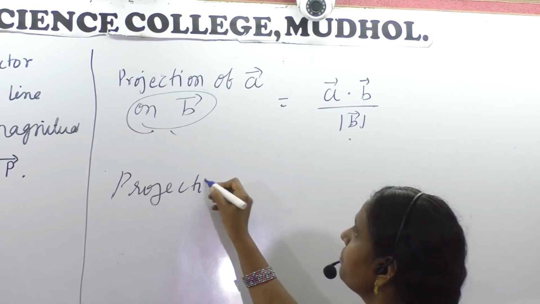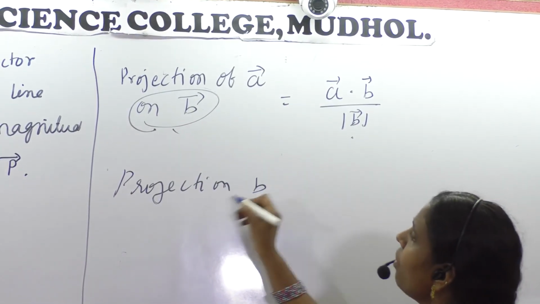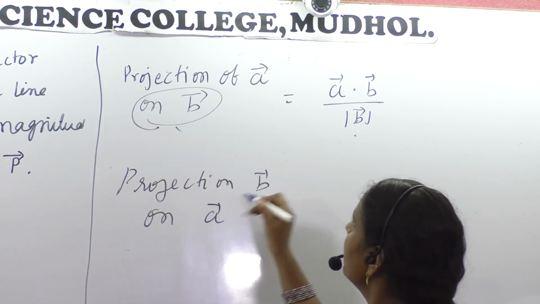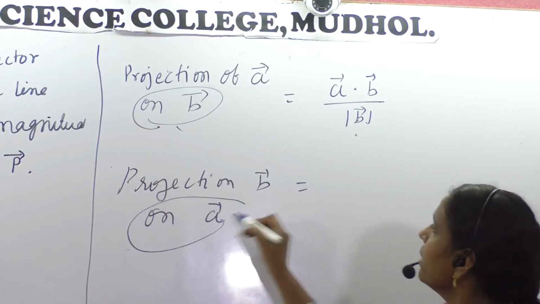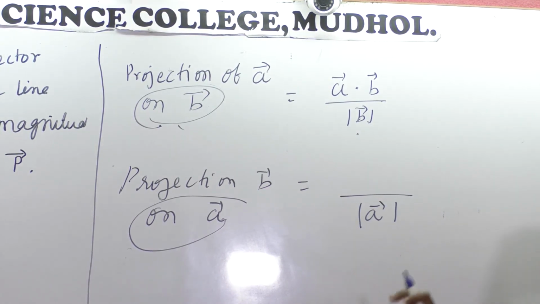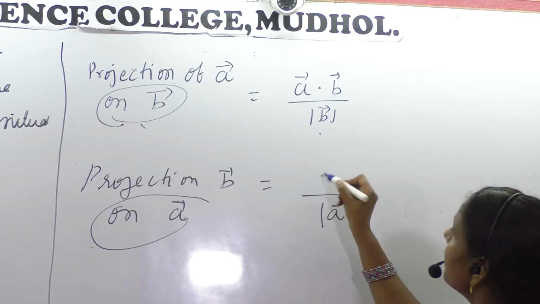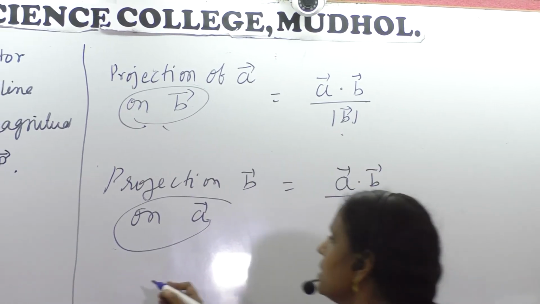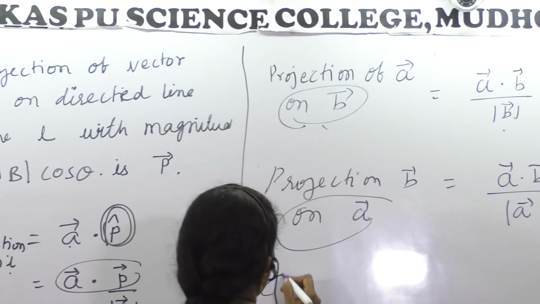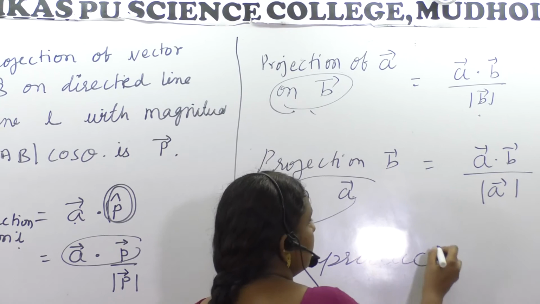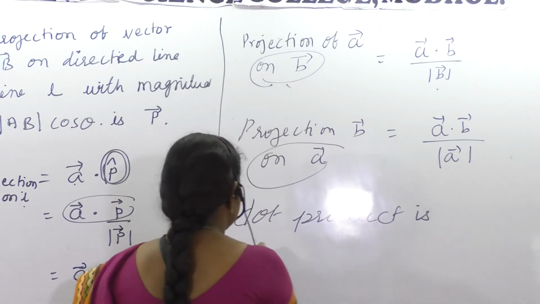Projection of B on A. It also may happen, no? B on A. In this case, on A means, I think you understood? Yes, you are correct. This is divided by A. You write A dot B or B dot A, it gives the same result as the dot product is commutative.